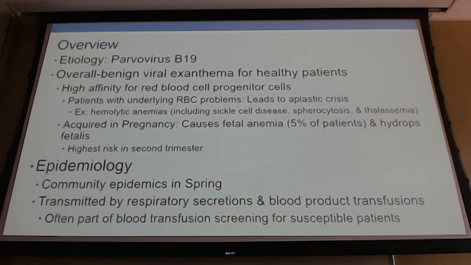Their factory is shut down. So now you are in an aplastic crisis state, and if you are a fetus, that is not going to end well for you. If this is 7 to 10 days of that factory being shut off, then you get into a state that is incompatible with life. This could be one of the reasons you see hydrops fetalis in the second trimester.